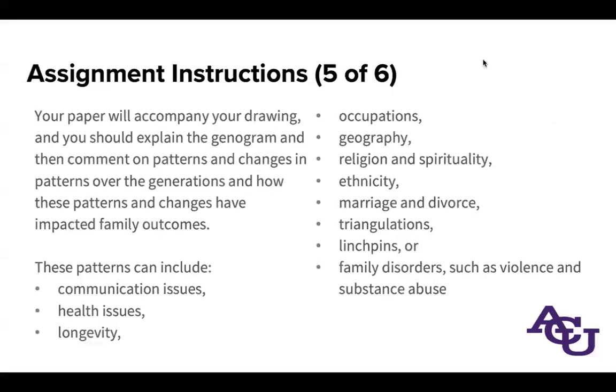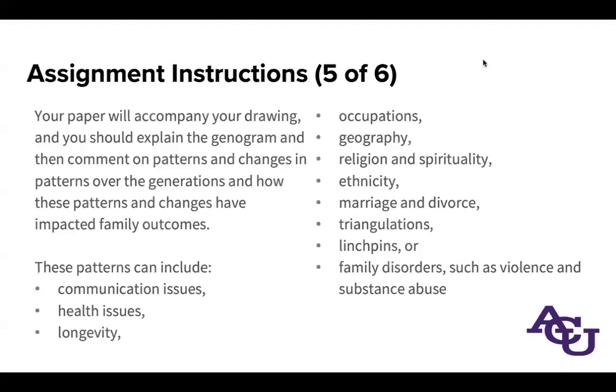And so if we look at this, we see that you're charged with following a pattern. Now, what that pattern will be, don't know. You get to choose that. But looking at this, we see a wide set of choices: communication issues, health issues, how long you live, occupations, geography, religion, spirituality, ethnicity, marriage and divorce, triangulations, things that are coming together, linchpins.